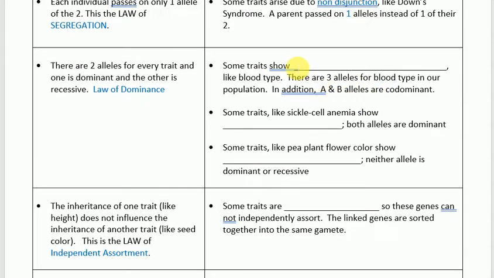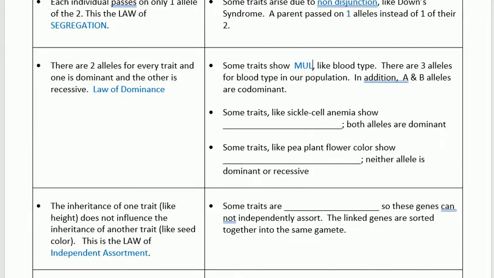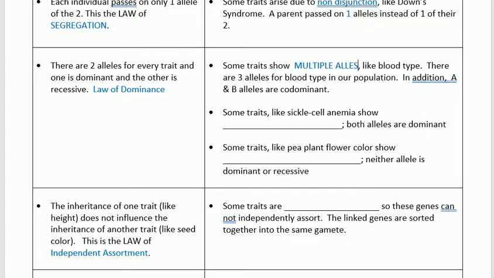Some traits are going to show multiple alleles, like blood type, and there are 3 alleles for blood type in our population. In addition, A and B are codominant.